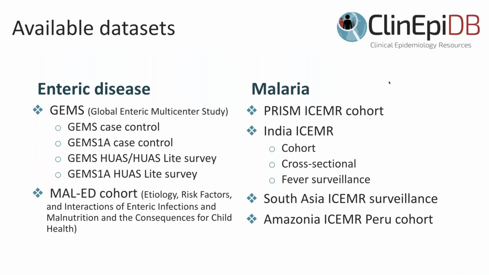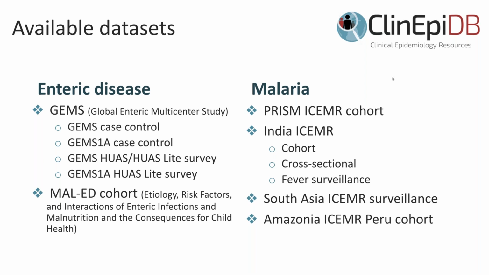We have a lot of data currently available on our ClinEpiDB page. Just to take you through some of the data that we have released already and that you can go and explore on your own right now, we have a number of enteric disease studies: the GEMS Global Enteric Multicenter Study and also the MALI-D longitudinal cohort study.